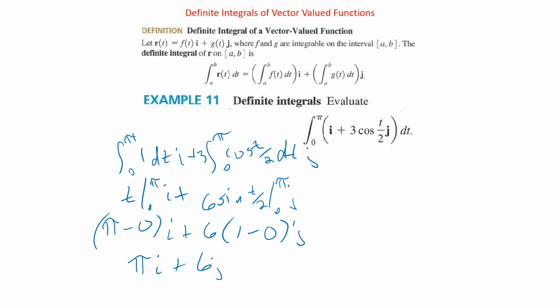So to find the definite integral, we just do it twice. There's really nothing new as far as the calculus here. It's just we have to do everything twice for one problem. And so that's calculus with vectors. Hopefully it seems logical, at least, and doable, because it's what we've been doing.